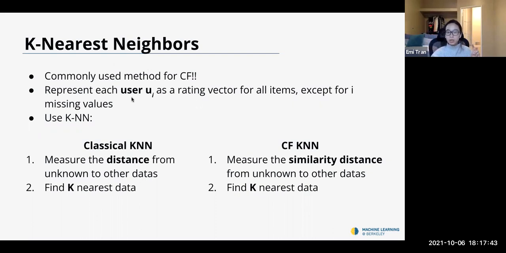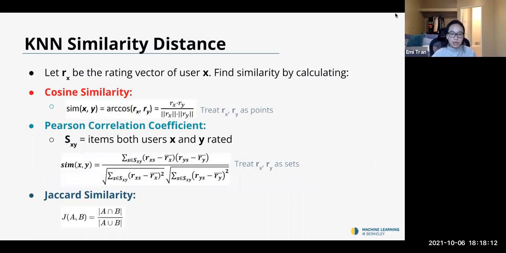Our assumption is that we represent the ratings of each user U as a vector. So finding the similarity between users U1 and U2 is the same as finding the similarity between two vectors. How do you find similarity between two vectors?